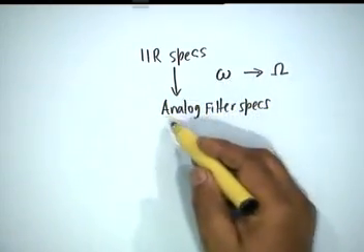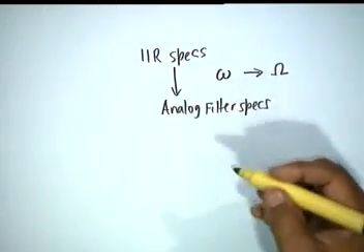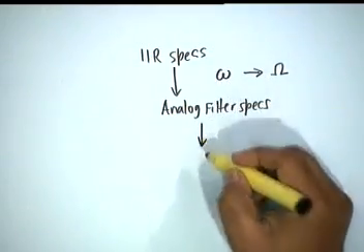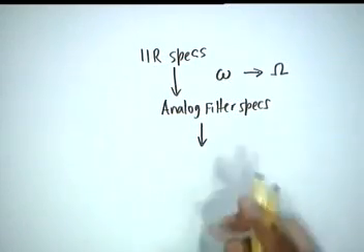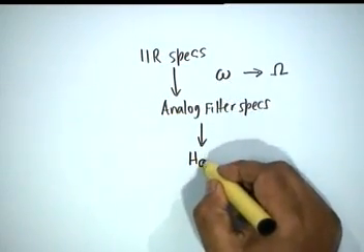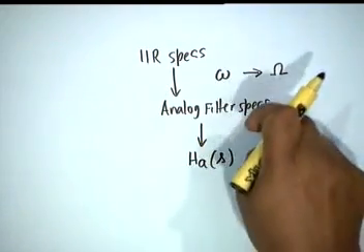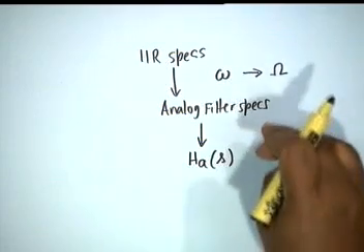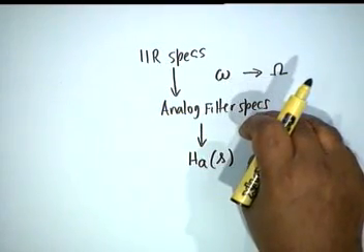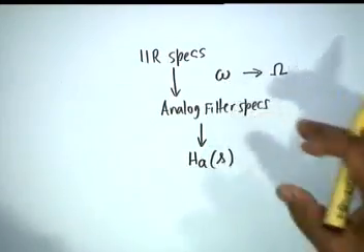Then you get the corresponding analog filter specs. From the analog filter specs, by the approximation techniques, you can design a particular analog filter to satisfy these specs, and this is normally done by transforming the analog filter to a normalized analog low pass filter and then using the transformation back.